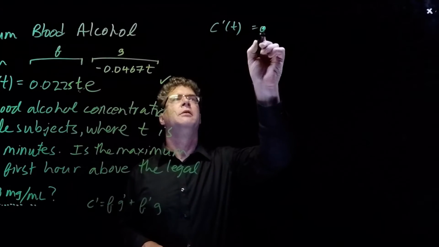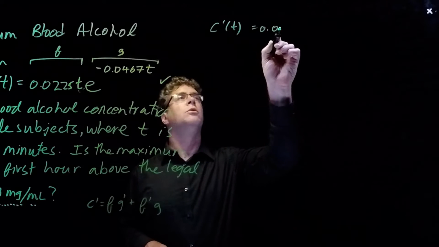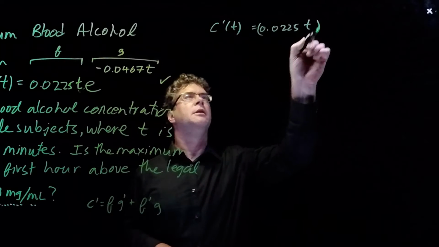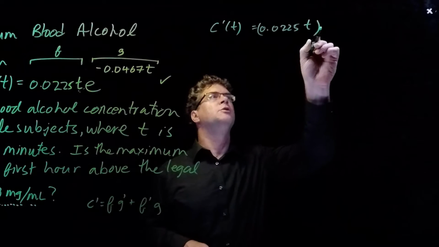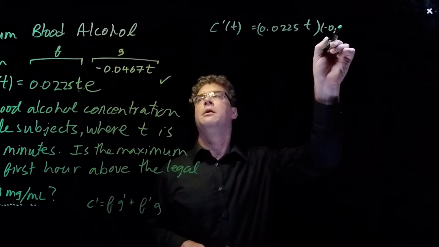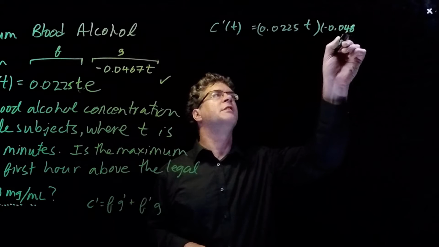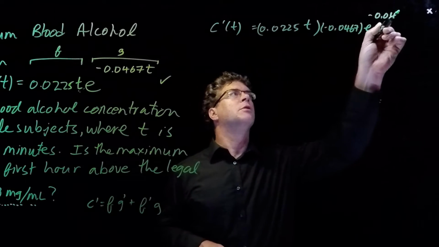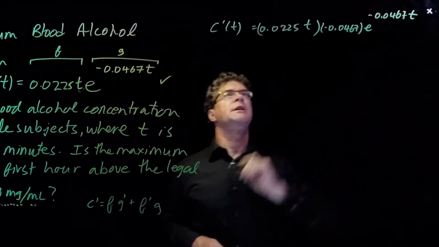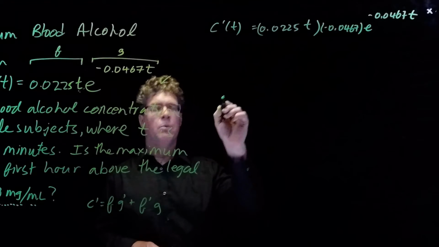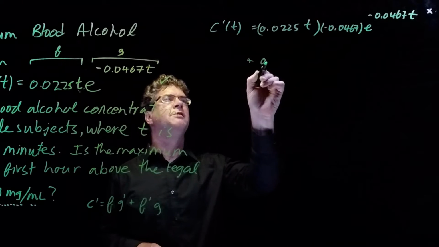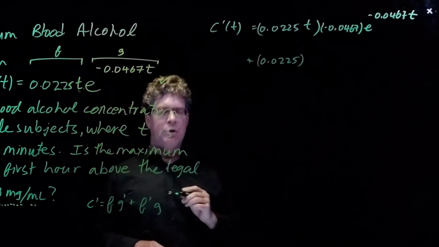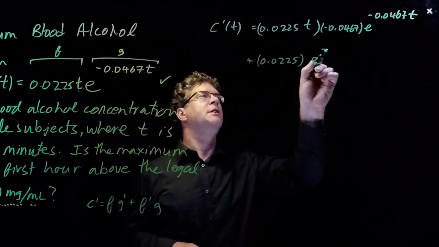This is going to be 0.225 t times the derivative of g, which will be minus 0.0467 times e to the minus 0.0467 t. And then we'll have f prime, which is 0.225, and we'll multiply that by g, which is e to the minus 0.0467 t.